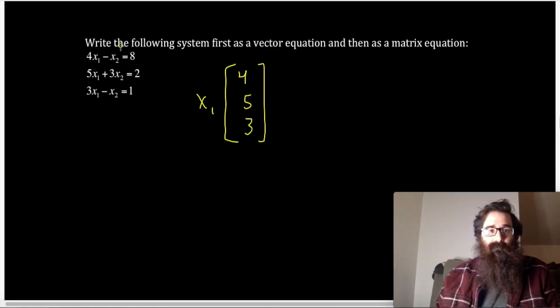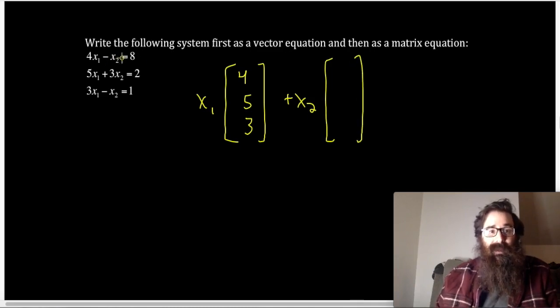Here I'm looking visually, thinking vertically as well. Next I have x sub 2 times a vector, and what is x sub 2 multiplying into? Well, it's kind of tricky to see, but it's really a negative 1 there, that minus sign, so negative 1. And here we have positive 3, and then another negative 1 for that minus x2. And then equals on the other side should be a vector 8, 2, 1.